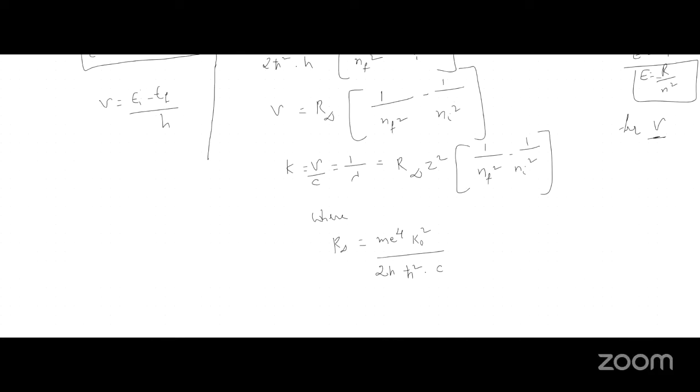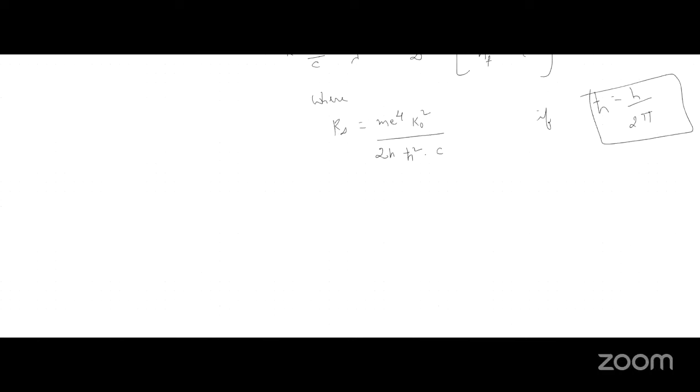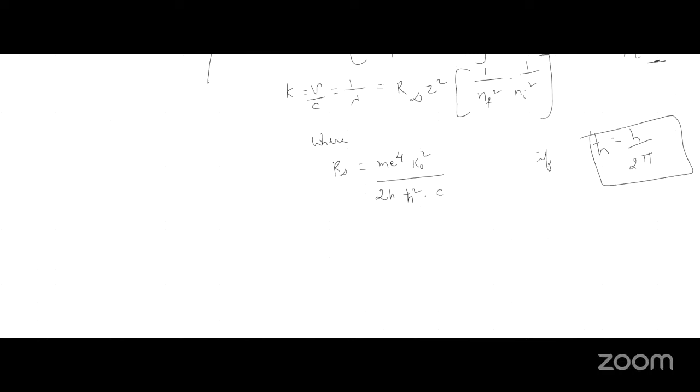If h dash equal to h by 2 pi, substituting to make h dash equal to h by 2 pi, then what will we get?